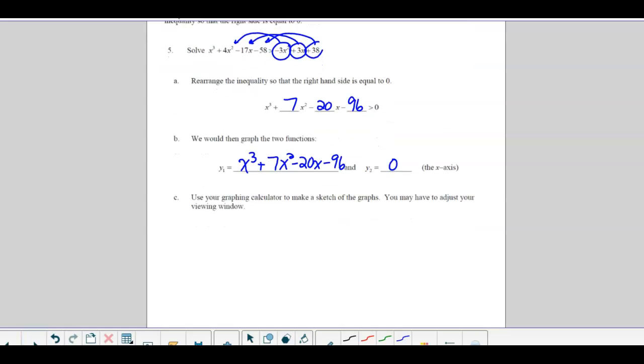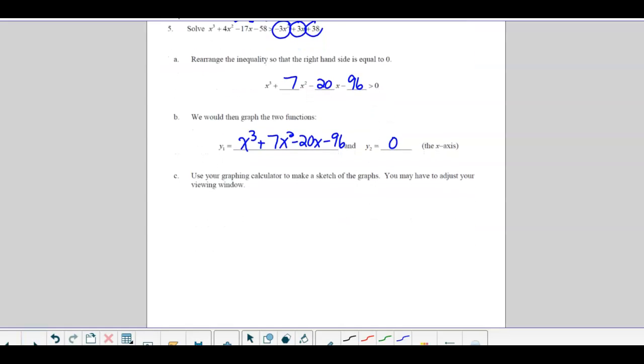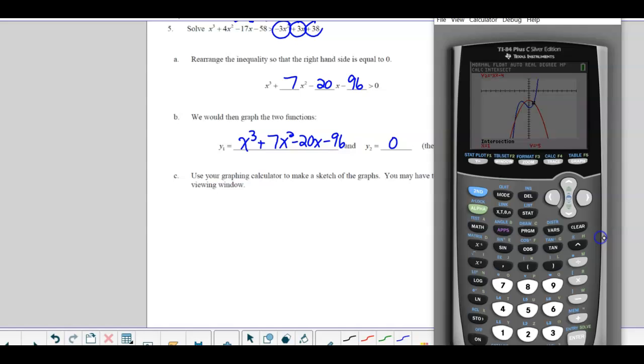Okay, so get out your calculator. Y equals, clear off what you have. X cubed. First you're out of the exponent. Sometimes I forget to do that.